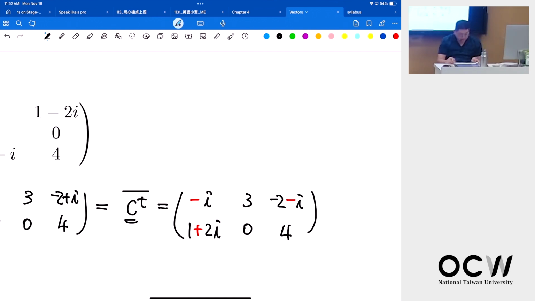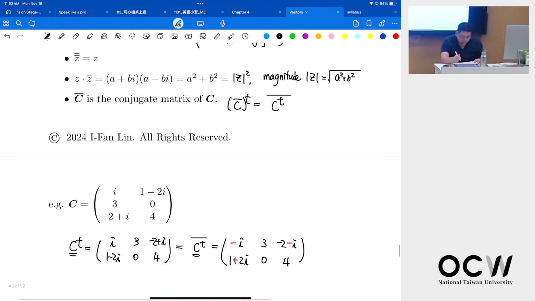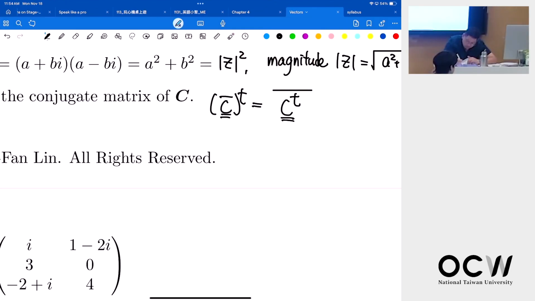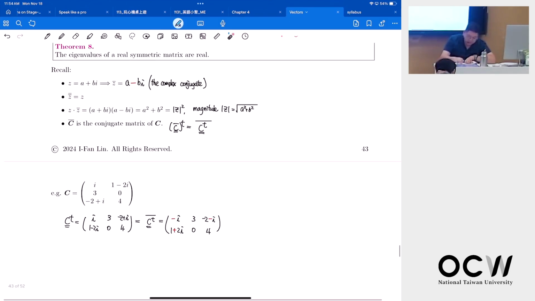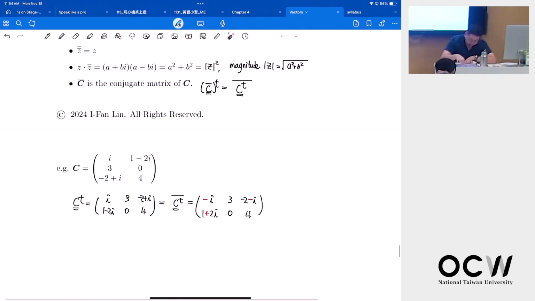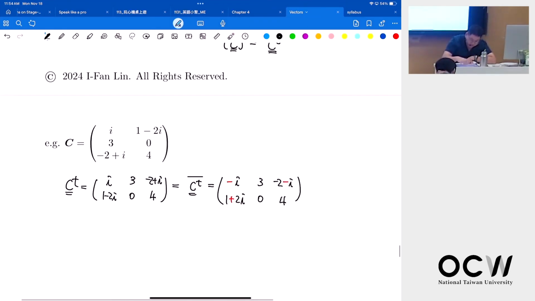Now we need to check if this is correct. So now this is the conjugate and then transpose. But now I want to have a complex conjugate first and then transpose. So conjugate.